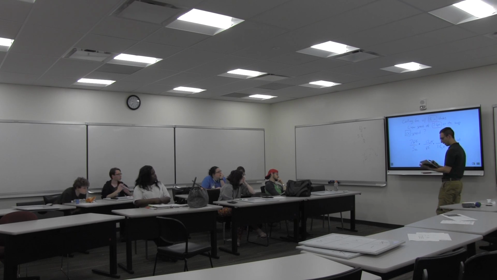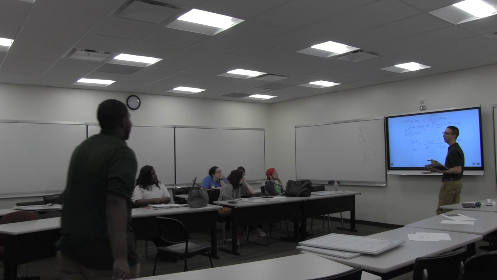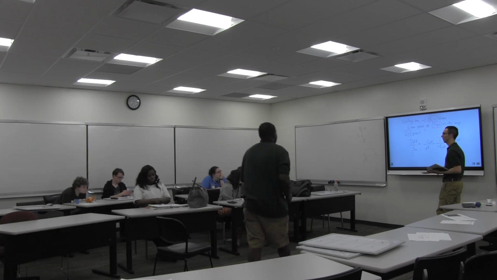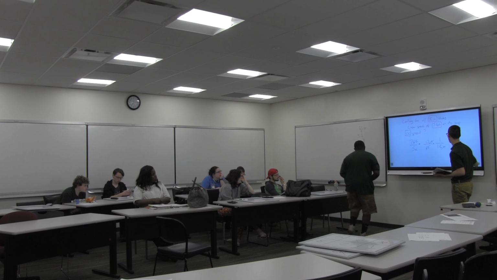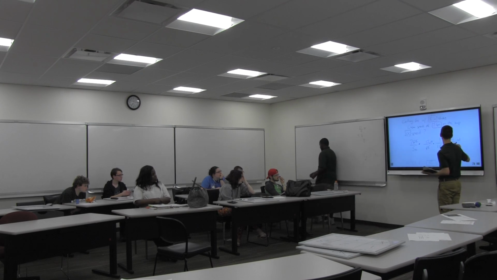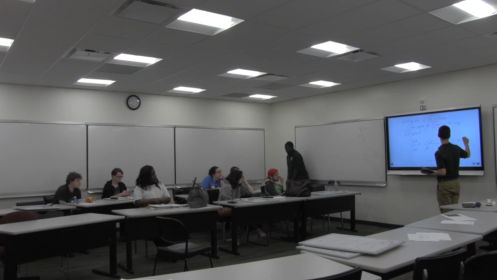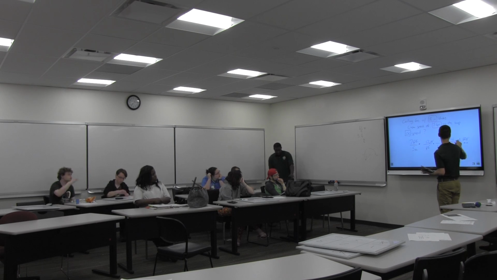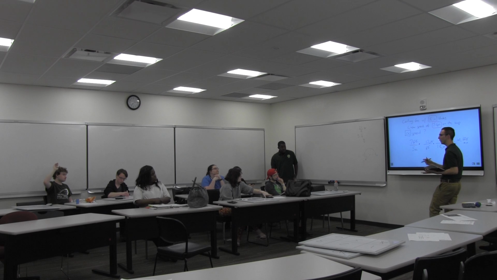If I ask you how many revolutions per minute, how do we get there? 60 seconds over 1 minute. So 60 seconds per minute, right? The seconds cancel. So we have 14 radians a minute, and how do I get to revolutions?